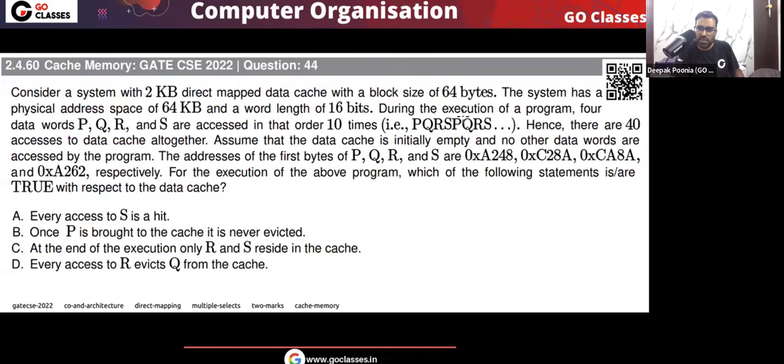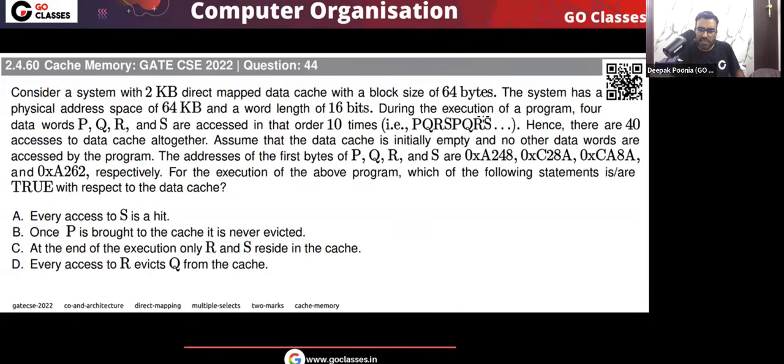The question says that during the execution of a program, 4 data words PQRS are accessed in that order 10 times: PQRS, PQRS, PQRS, and so on. Hence, there are 40 accesses to the data cache altogether. Assume that the data cache is initially empty and no other data words are accessed by the program.